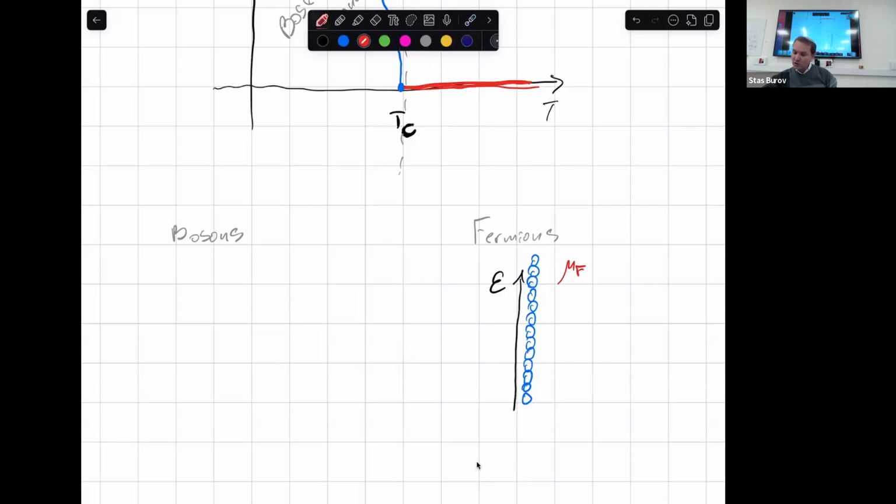For bosons, it's the other way around. If we look at our energetic spectrum, all the bosons are sitting at the lowest energetic level over here. They mostly occupy one single energy.